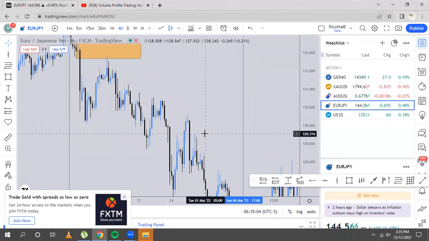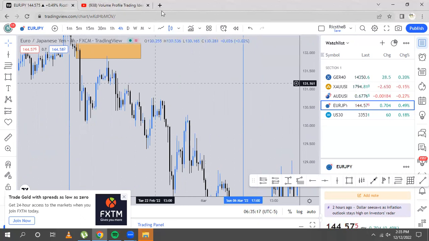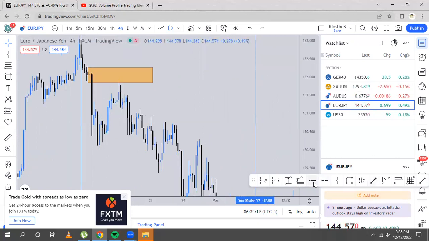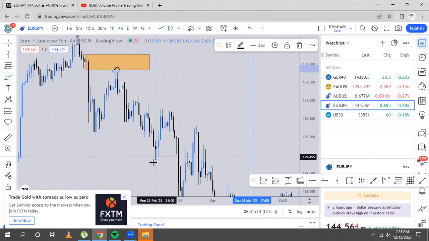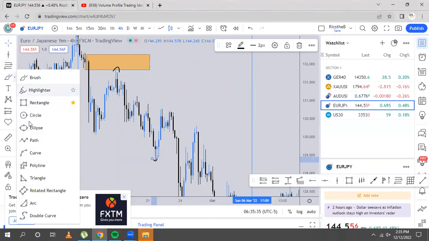What else do you want to look at? Again, it's always very important to look at structure, because it's very hard for price to break structure if we are going in a certain direction. For instance, you can see we had these mini structures. Remember we talked about structure and substructures. From this level to this level, we have mini structures.